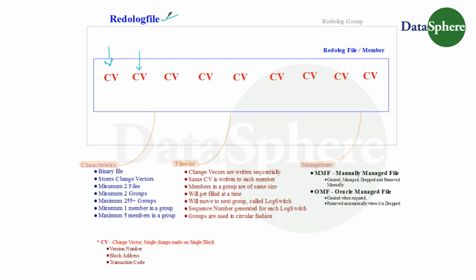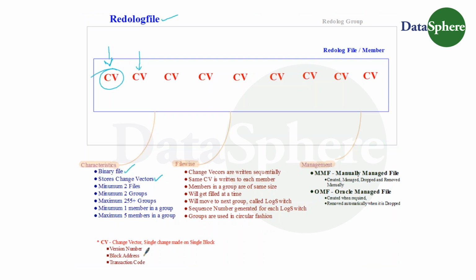Now, a certain characteristic of the redo log file is that it is a binary file. We should not edit it using operating system editors. It is meant for storing change vectors. Whenever we say change, it is written in the form of a change vector. What is a change vector?